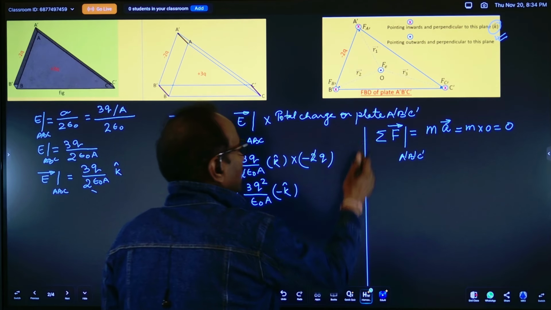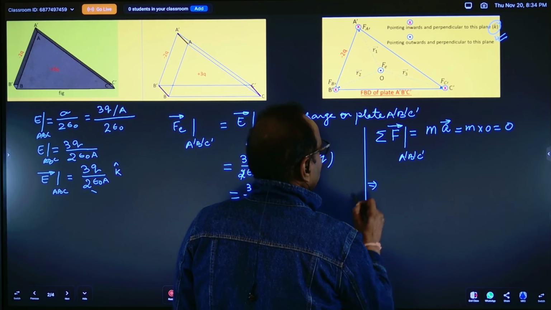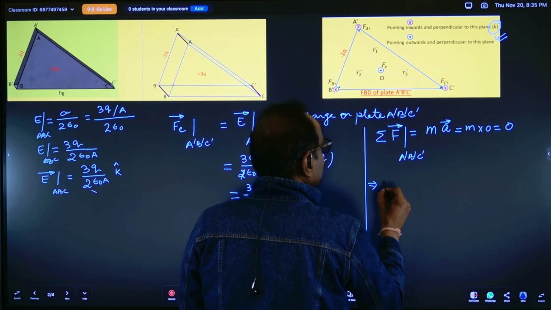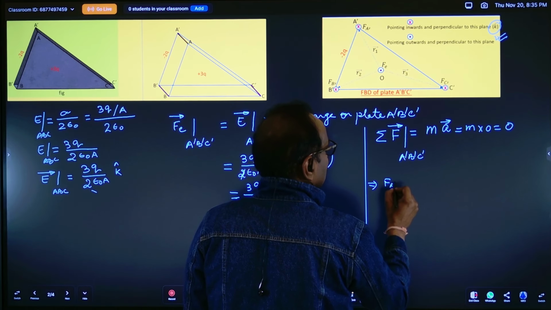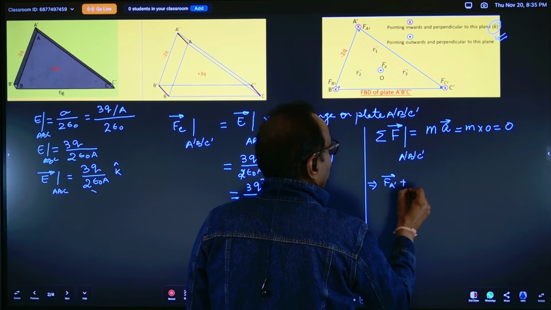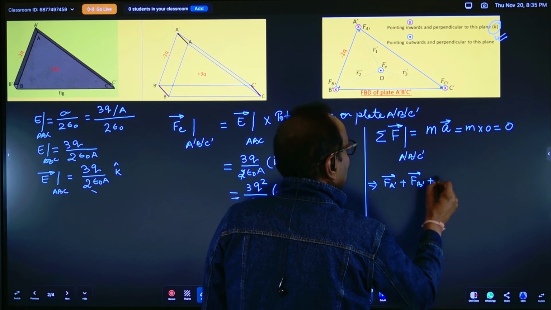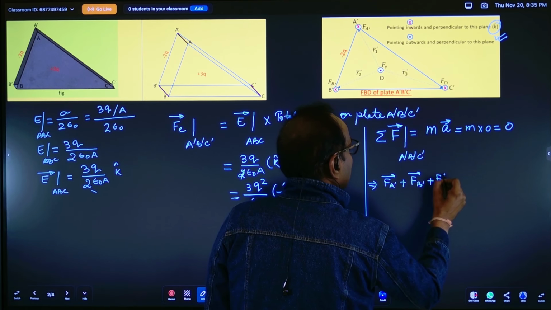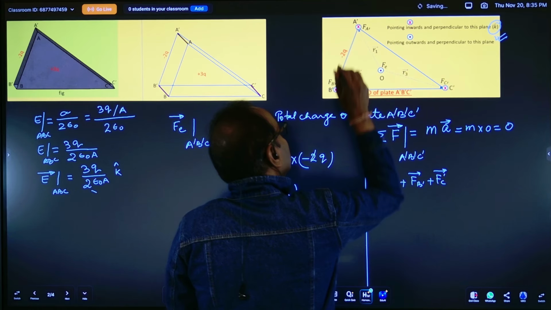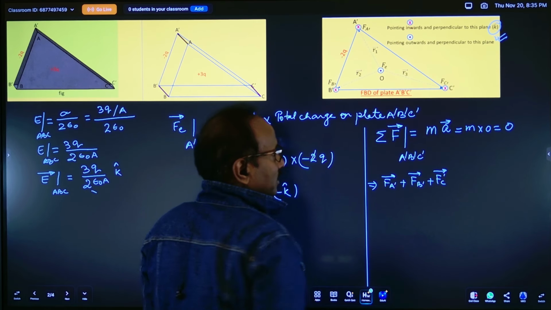And what is your summation of F? Which all forces? Fa prime plus Fb prime plus Fc prime, which is acting inward, so all are with the positive sign.